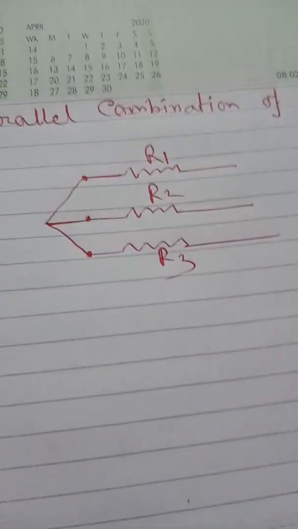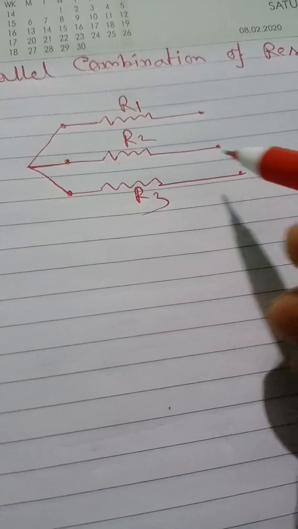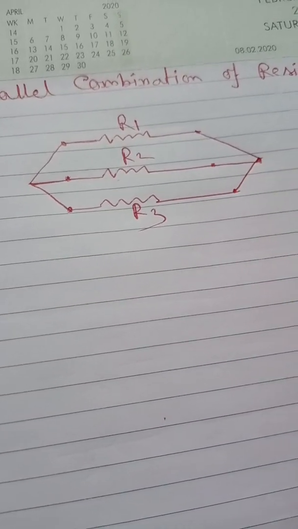Now if you connect all the starting points together, here we connect all the starting points of the three resistances together, and similarly we connect the end points of the three resistors. So the end point of R1, end point of R2 and end point of R3 are also connected to the same point.